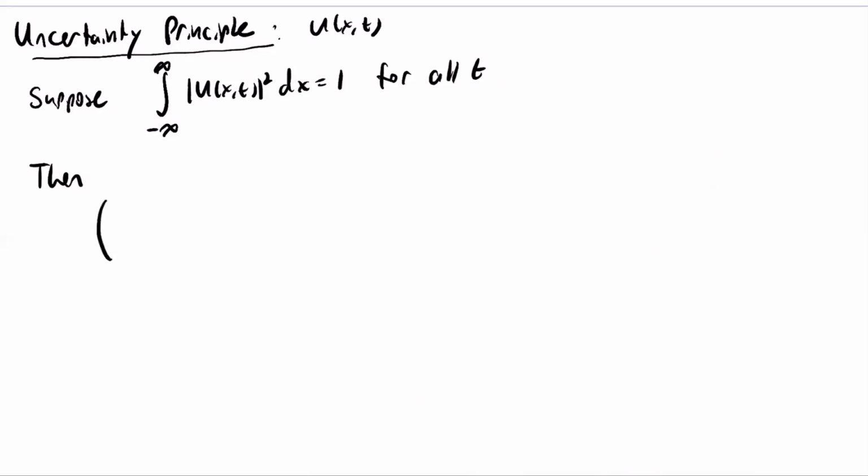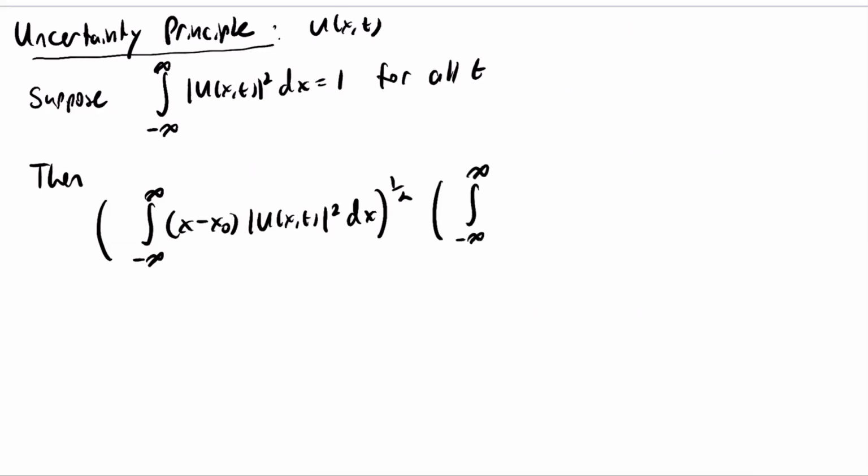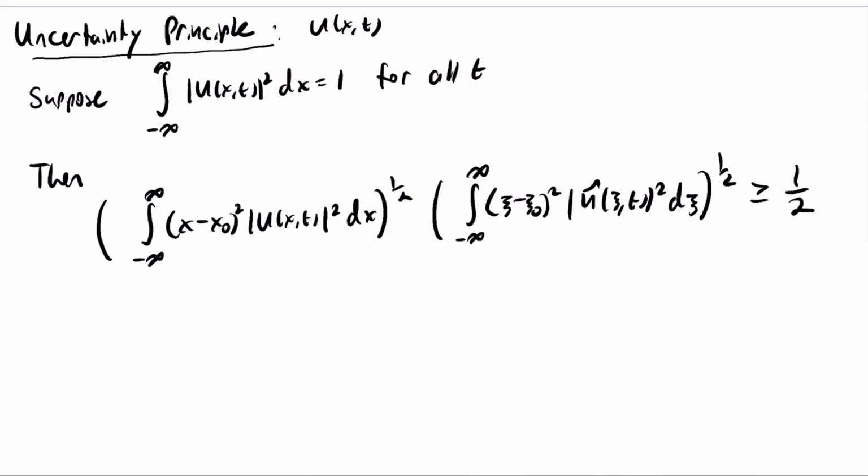If we look at the integral from minus infinity to infinity of (x minus x naught) squared times the absolute value of u of x, t squared, where x naught is just some arbitrary point, integrating with respect to x, and we multiply this by a similar integral in terms of the frequencies, so now I have (ξ minus ξ naught) squared times |u hat of ξ, t| squared, where once again this is the Fourier transform only in the x variable, then the conclusion is that if I multiply these two things together, this is always bigger than or equal to 1/2, no matter what, for all t and any u as above.